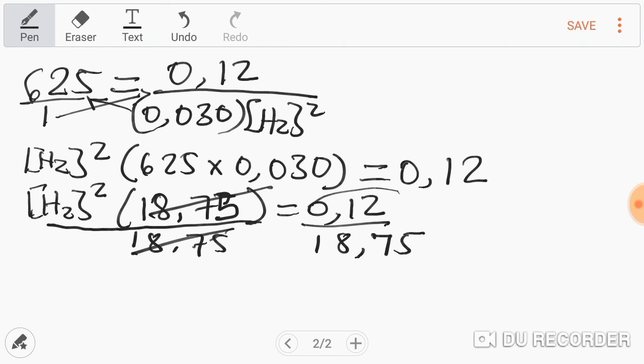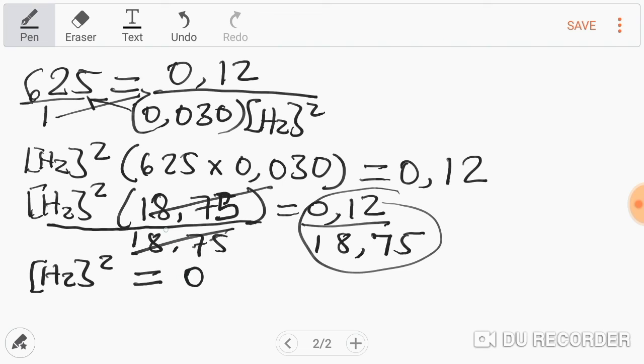Now we have to calculate this one. Punch this one on your calculator. So the concentration of H2 cubed is equal to 0.12 divided by 18.75, which is equal to 0.0064.